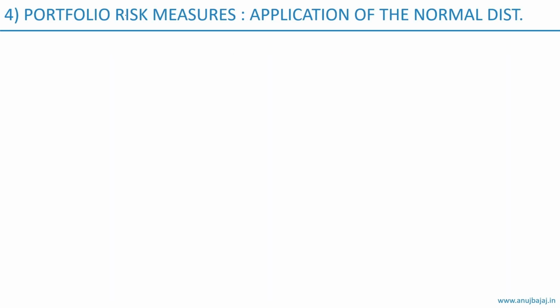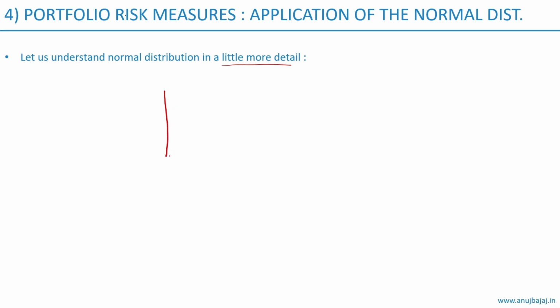So we are done forecasting the expected return of a portfolio, the expected variance, the correlation of a portfolio return. Now we look at some of the portfolio risk measures. So before looking at the risk measures, let us understand the normal distribution in a little more detail.